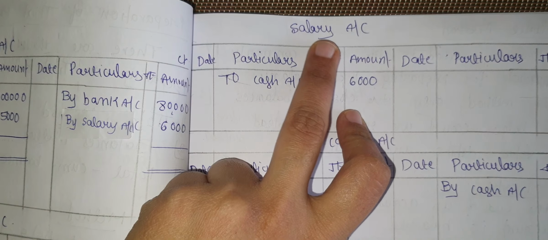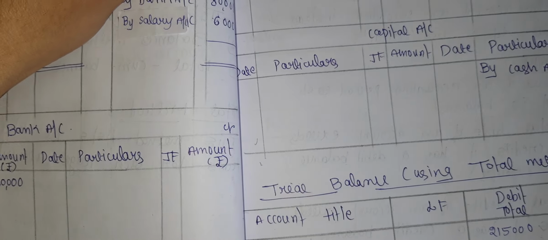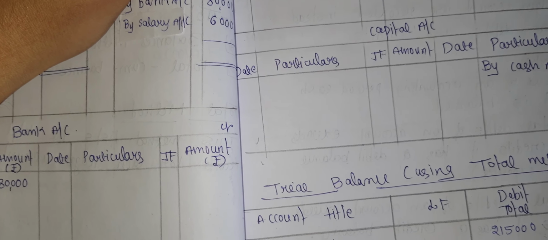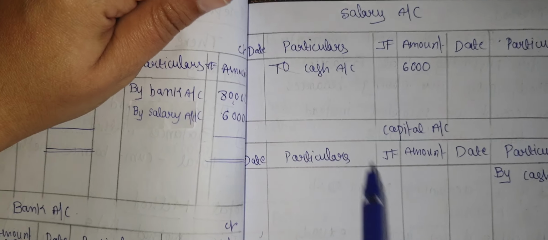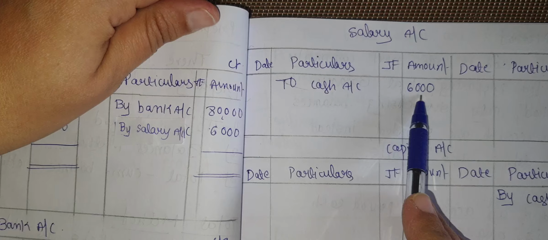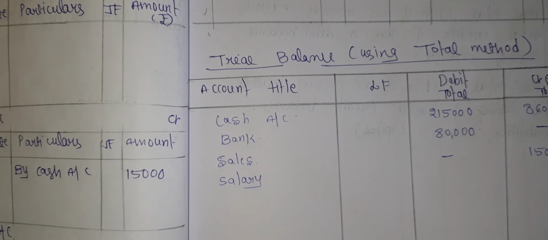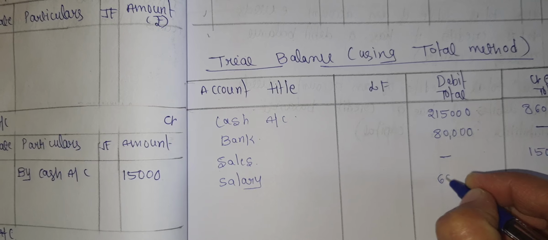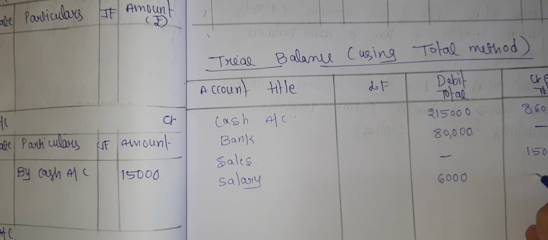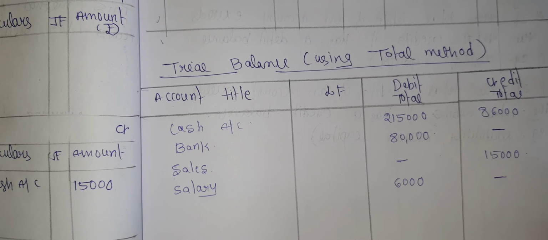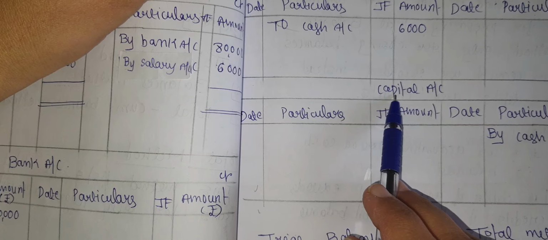And next account is salary account. Write down salary. Debit total is 6,000 and credit total is nil. Next one, last one, capital account.